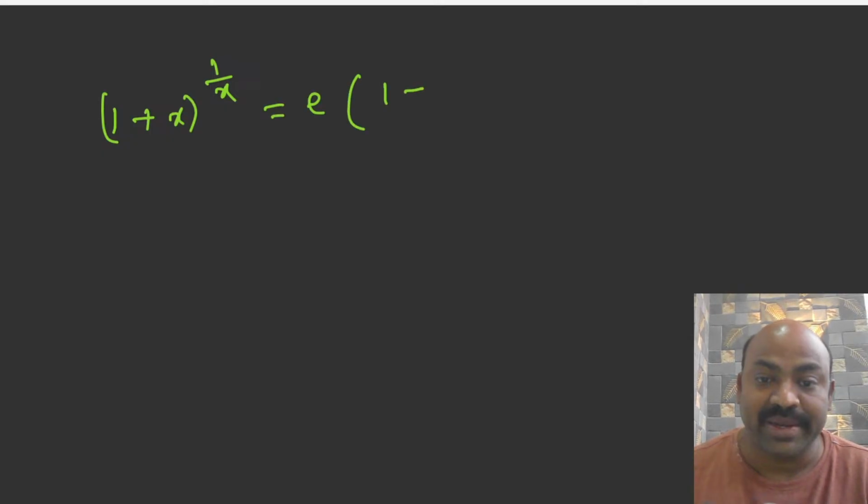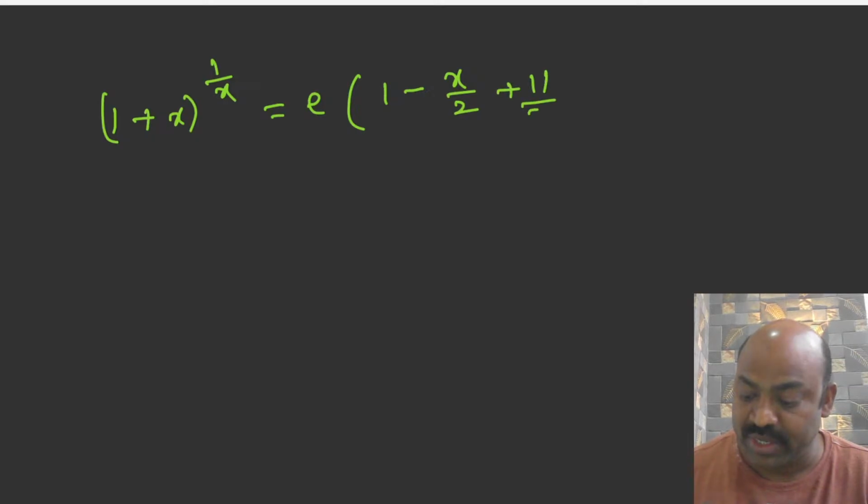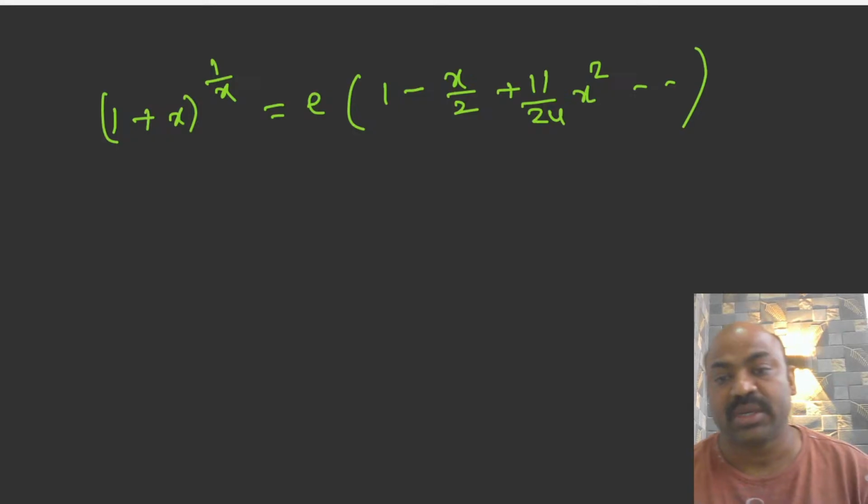The last one which you have to remember, are you there? The most beautiful expansion is 1 plus x whole power 1 by x. This term has an expansion which is nothing but e into 1 minus x by 2 plus 11 by 24 into x square and so on. Clear? Okay.